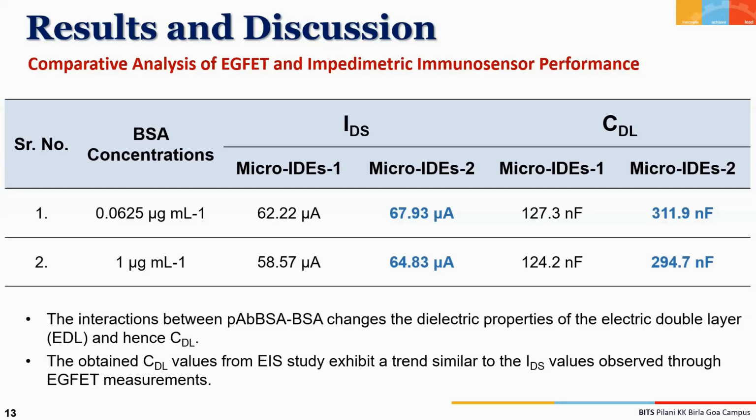It can also be noticed here that ID2 is better compared to ID1. So it is also telling us what kind of configuration we should choose for better measurement sensitivity of the EG-FET.